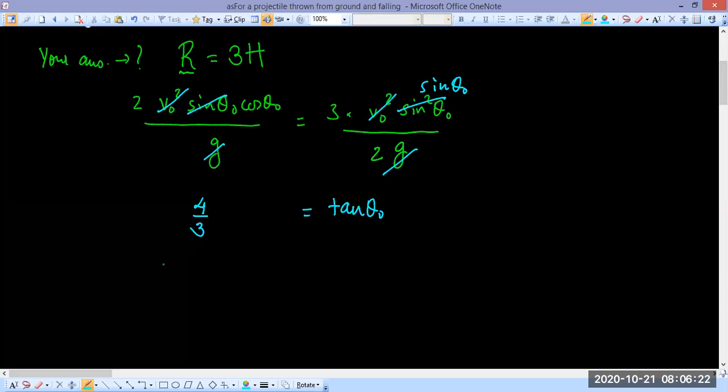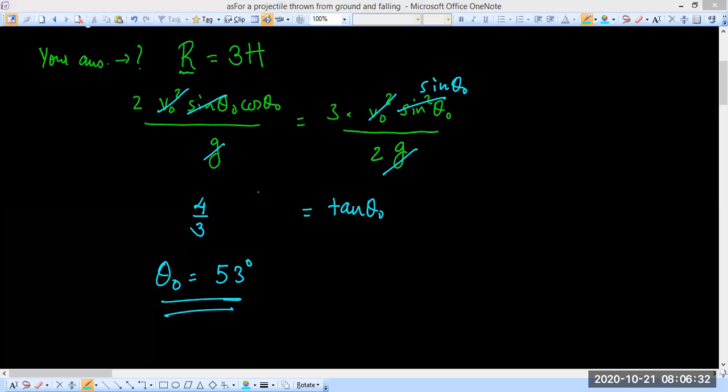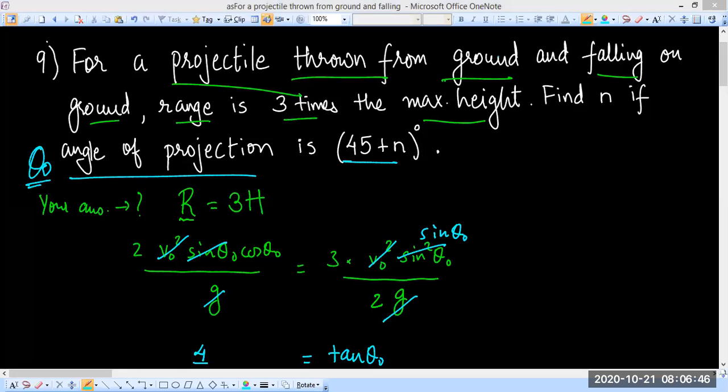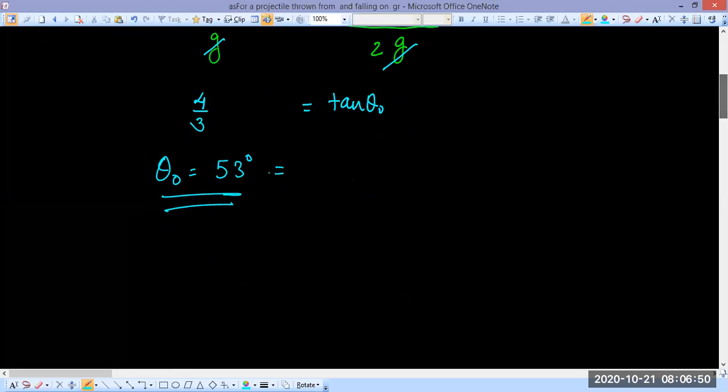This clearly means that theta 0 should be equal to 53 degrees, right? I hope all of you remember that. Okay, so now it is given in the question that this angle of projection, theta 0, the angle with which it was thrown, is 45 plus n.